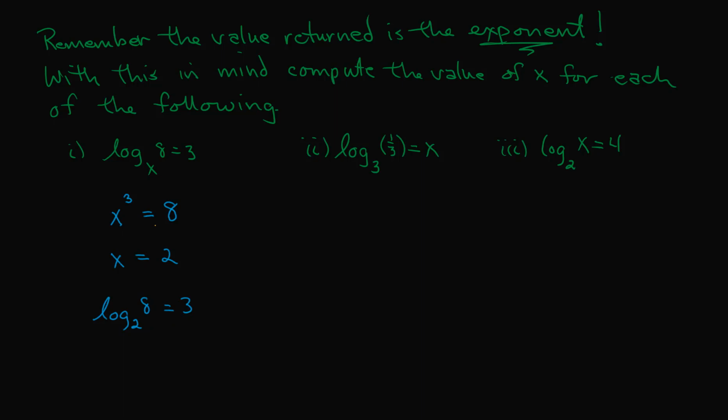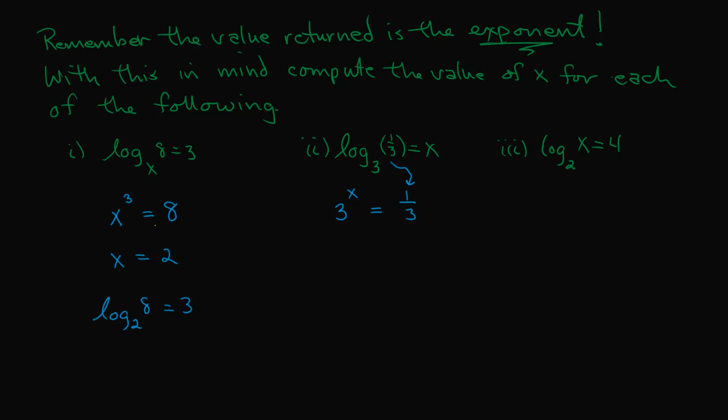In the second case, we're going to start out with our base of 3 raised to our exponent, which we don't know right now, equals 1/3. The resultant value is always in the argument of the log. What we have here is a situation where we wind up with the reciprocal.